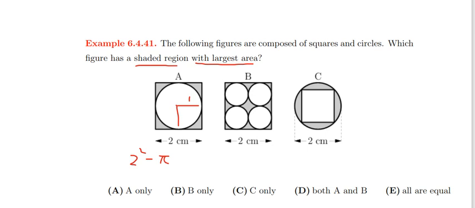And this one, let's say this is 0.5, so this equals 2 squared minus 4 times the area of this small circle, 4 pi r squared.